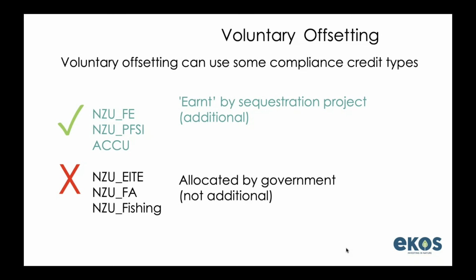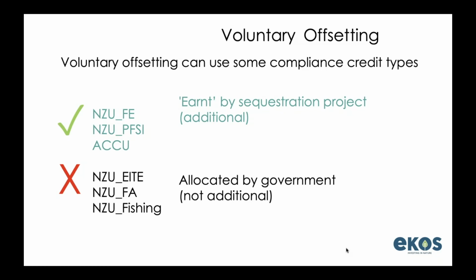Now, these credits can be used legitimately for voluntary offsetting, but some types of compliance units cannot be legitimately used for carbon offsets, and they include the allocations for trade exposed industries, NZU EITEs. They include the fisheries allocations and also the pre-1990 forest allocations.